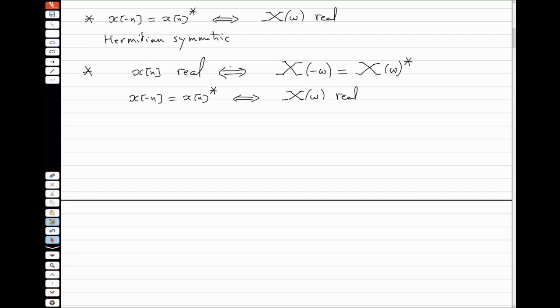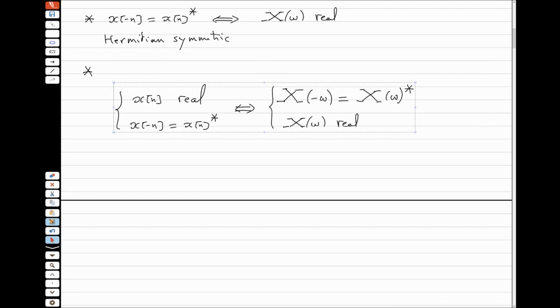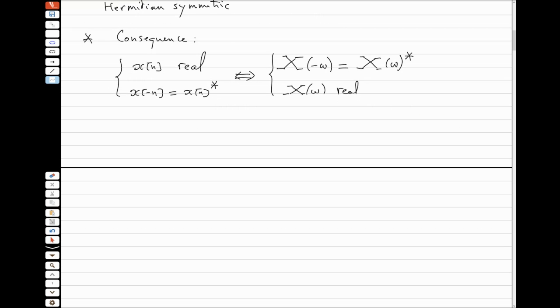So if I assume we have both of these properties, obviously we are going to have these two properties, right? So this is a trivial consequence. Okay, so no problem. That is easy to understand.